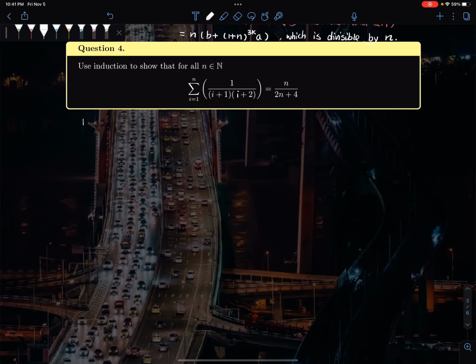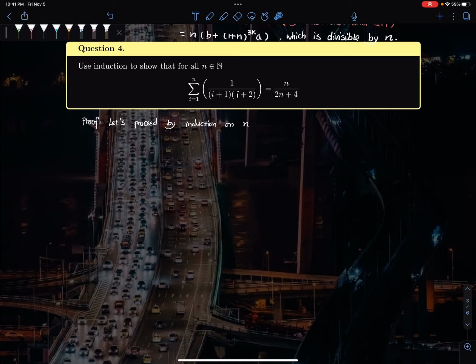So proof. We're gonna proceed by induction on n, not on i. Sorry. Induction on n. Okay, and the first thing is my base case.